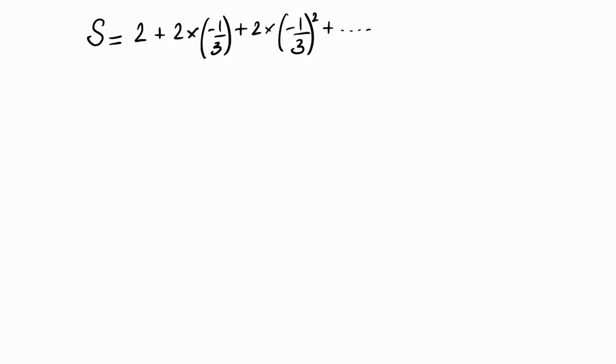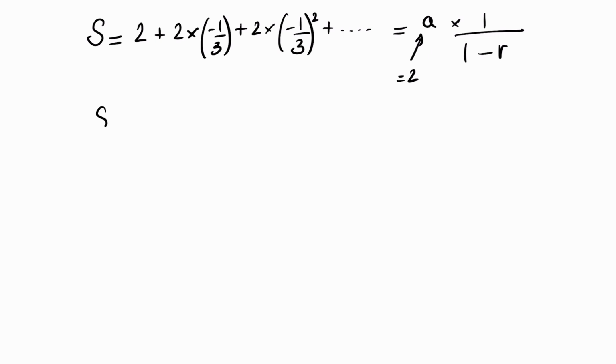What is the ultimate sum? Well, we apply the formula, A times 1 over 1 minus R, and A in that case is 2.